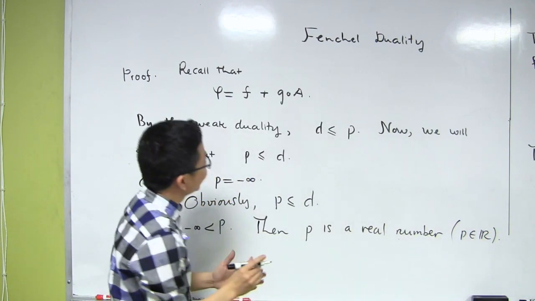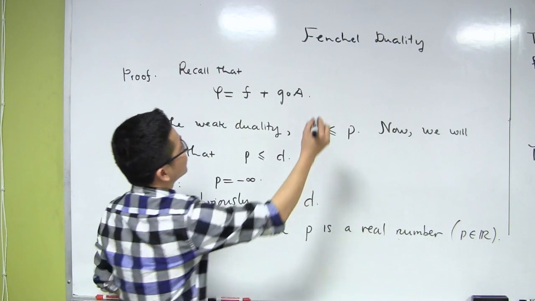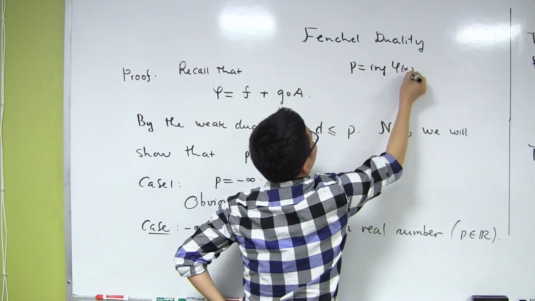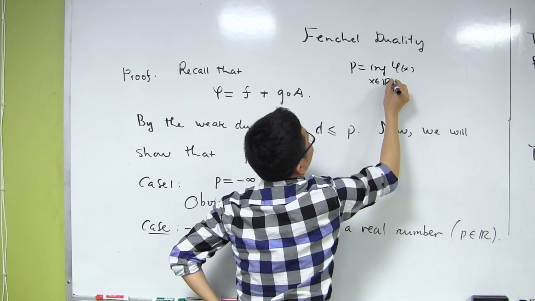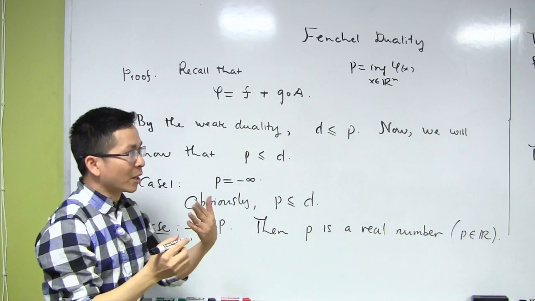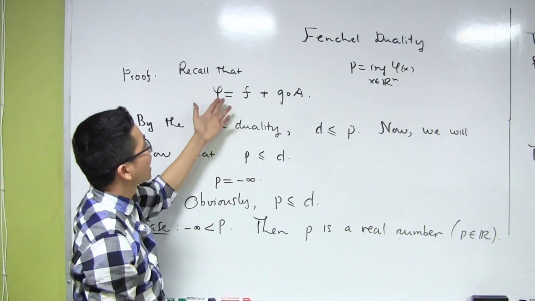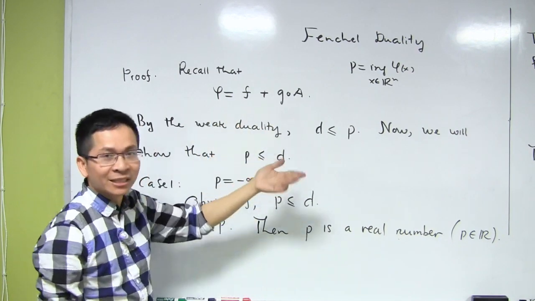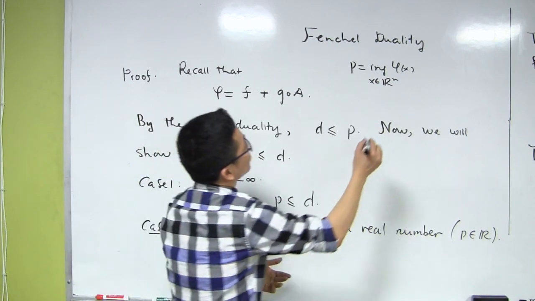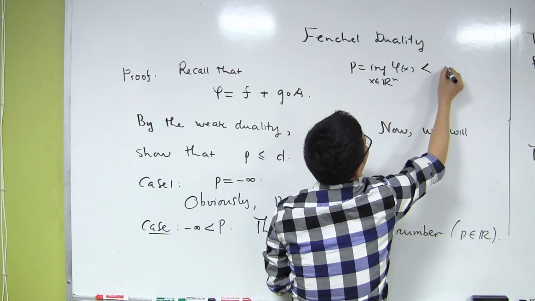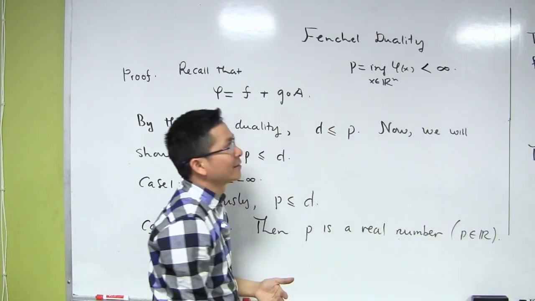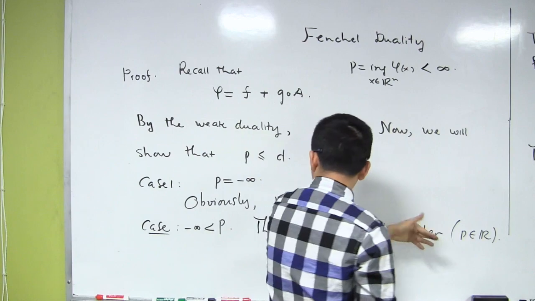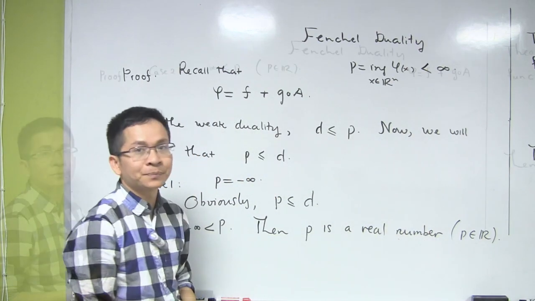This is very easy to see because P is actually the infimum of Φ of x, where x runs in Rn, and under the hypothesis made, we see that Φ here is a proper function, that is, there is an element in the domain of the function Φ. So this optimal value is always less than plus infinity. Okay, so in this case, P is a real number.